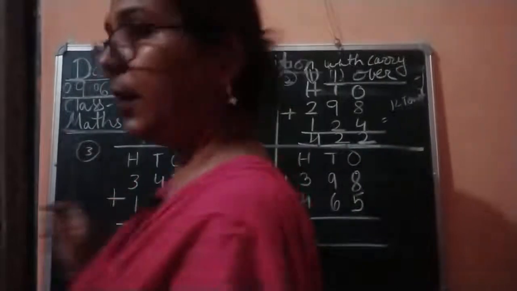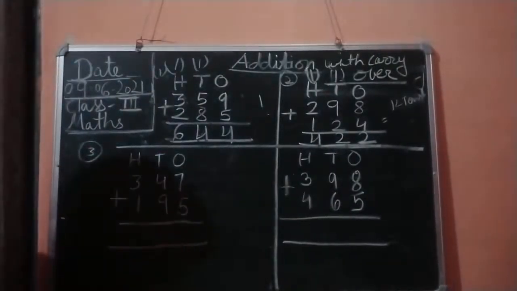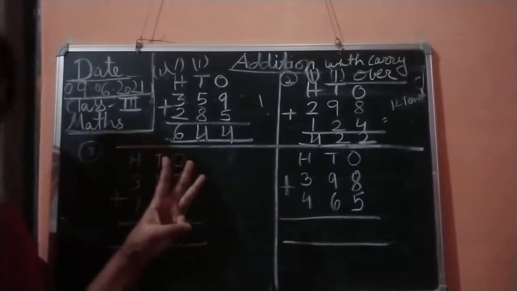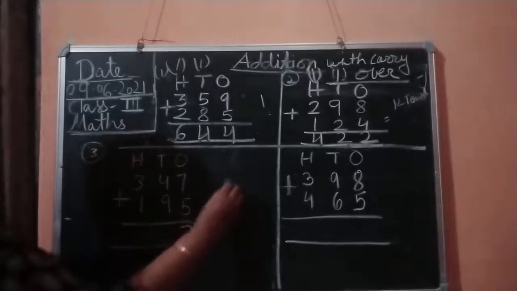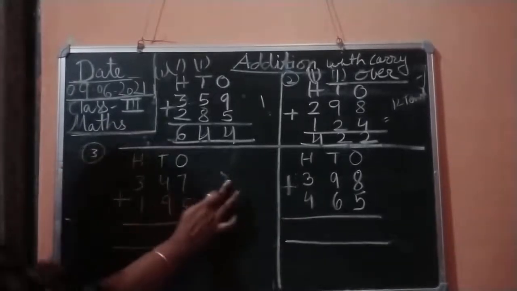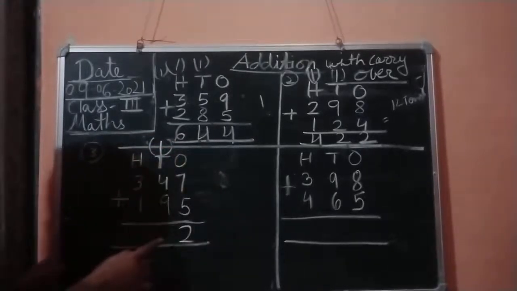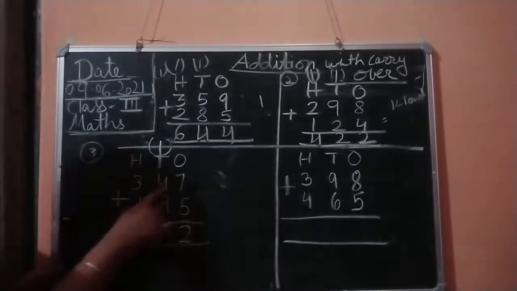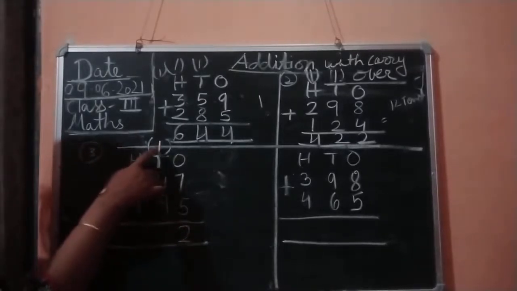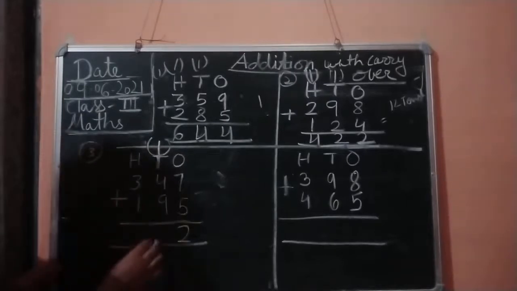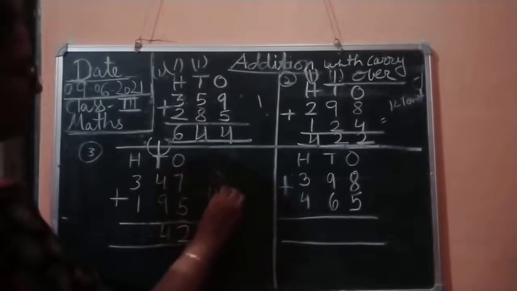Now we are moving to the next one. Here you can see 7 and 5. So 8, 9, 10, 11, 12. So the answer is 12. So we will write 2 over here, and 1 will carry to the tens because this is 1 ten, 2 ones. So 4 and 9. So 10, 11, 12, 13. 13 and 1, 14. What we will get? 14 tens.